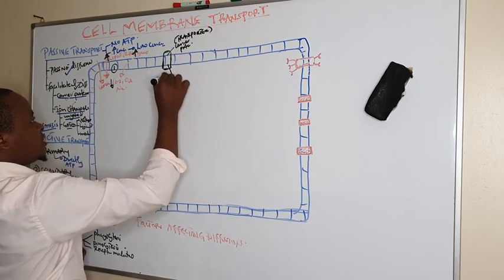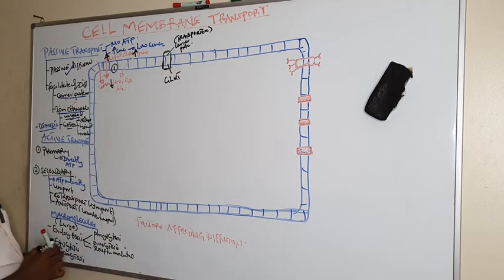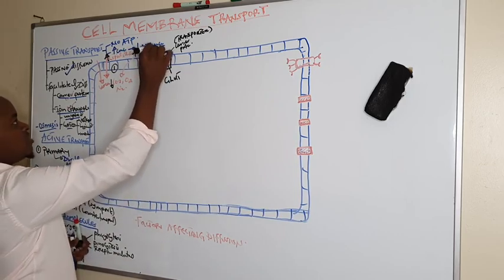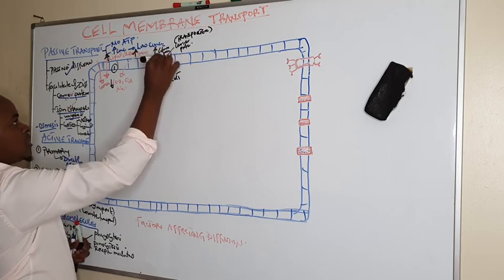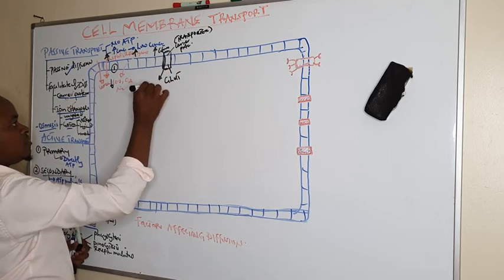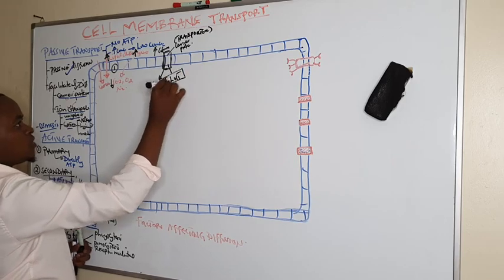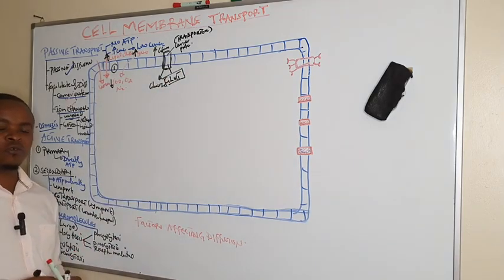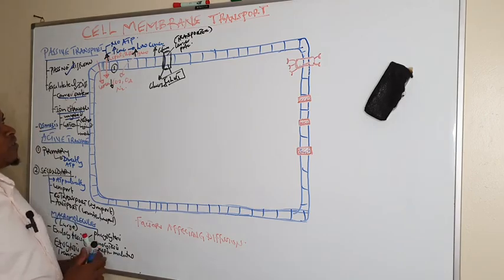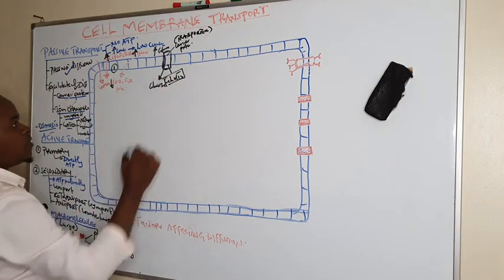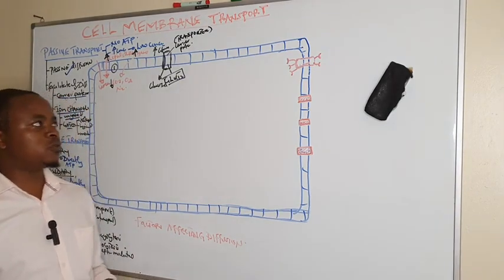An example is GLUT, or glucose transporters. If I have a high concentration of glucose outside the cell, it is carried inside the cell by glucose transporters, whereby we have glucose transporter type 1 up to type 5. In the liver we find GLUT2, which enables entry of glucose into the liver in the presence of insulin.